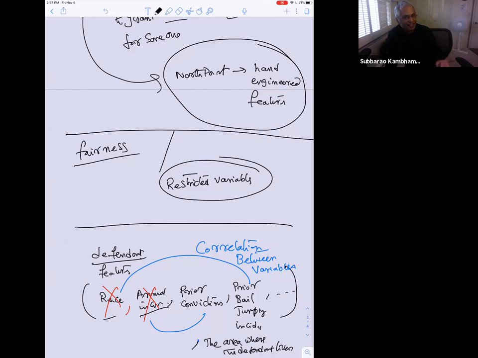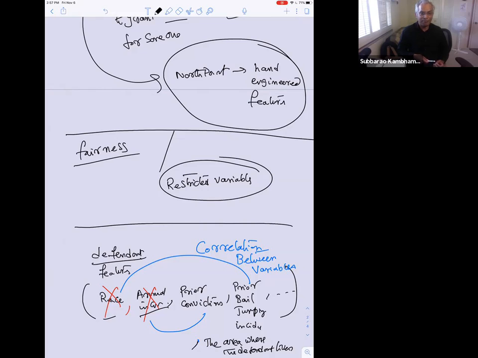So the interesting part is, if you think of a defendant in terms of this set of features, because they're a data point now for you, the features will have correlations. So putting your hand on some features might give you a false sense of fairness, thinking at least I'm not considering those features.